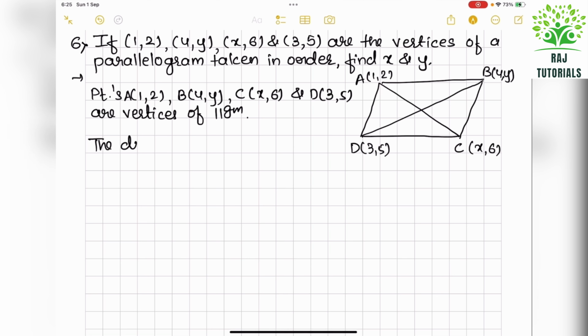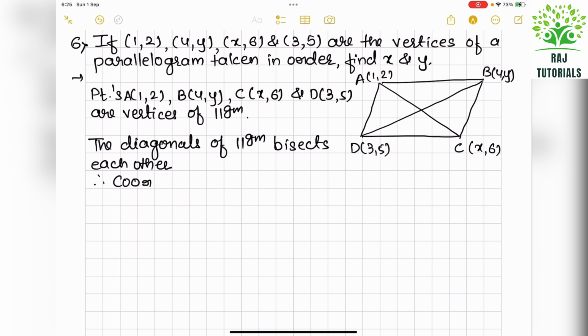The diagonals of parallelogram bisect each other. Therefore, coordinates of midpoint of AC will be coordinates of midpoint of BD.